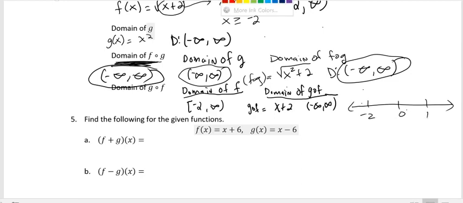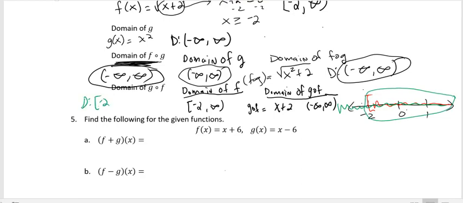For the first one, this was all my domain. For the second one, it's everything here. So what do they have in common? Just from where you see the red and the green, so this area. So your answer is going to be from -2 to infinity.